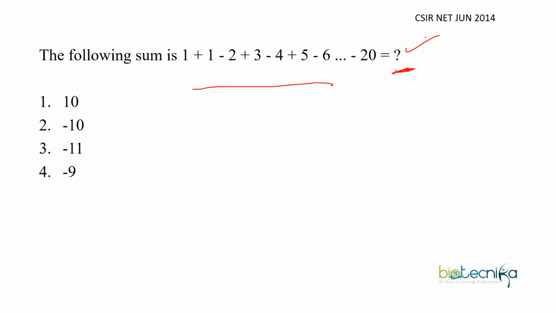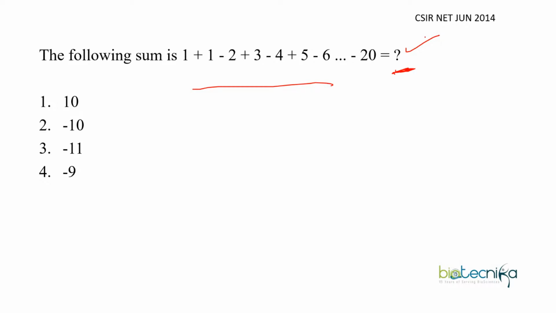Fine. So any one of you can try to attempt this question and tell me what will be the answer. Anyone? Any answers for this particular series?